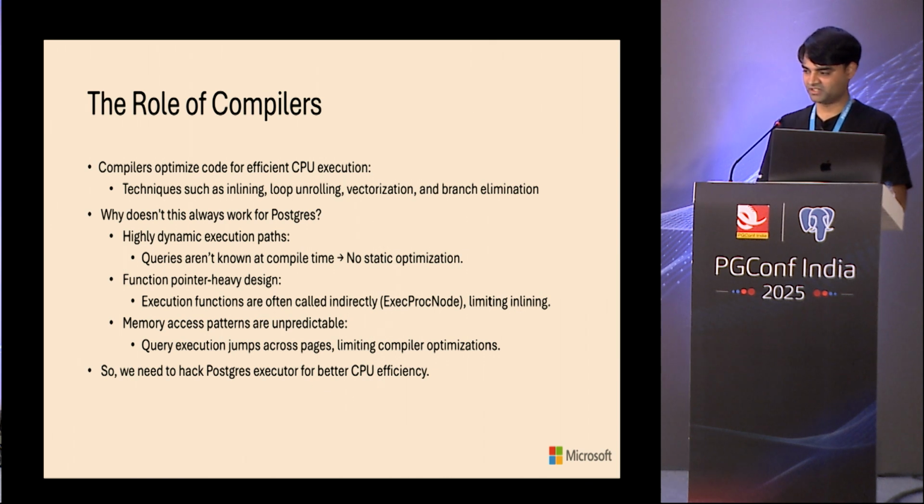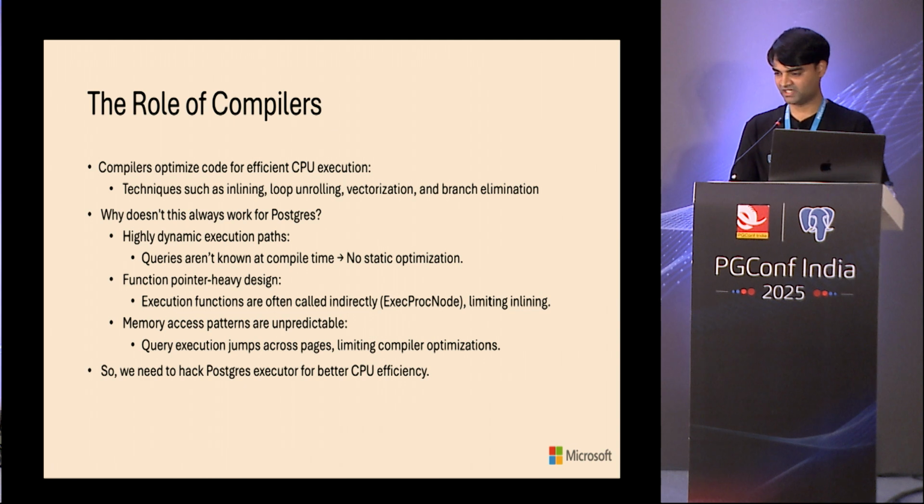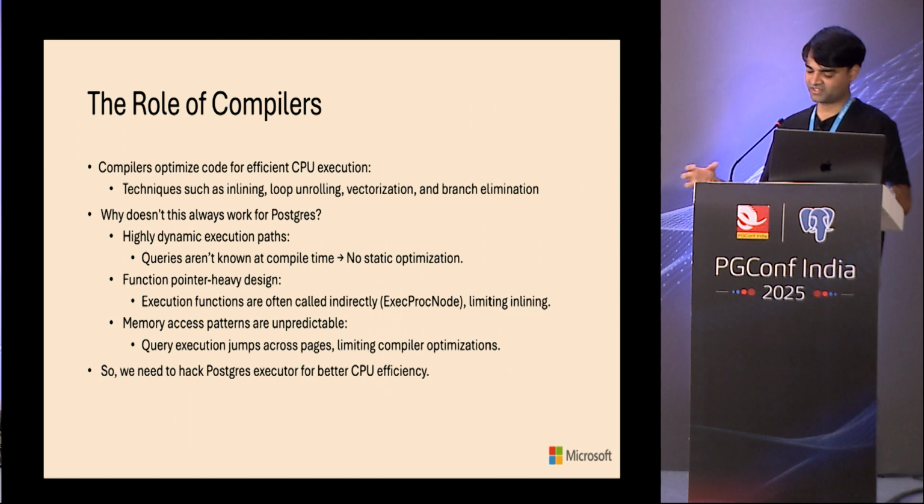When you're reading large amounts of data, the execution has to jump from page to page, and you try to access the memory sequentially, but that's not true in many cases. So we need to hack the Postgres executor and rewrite it so that we can take better advantage of these CPU optimizations.